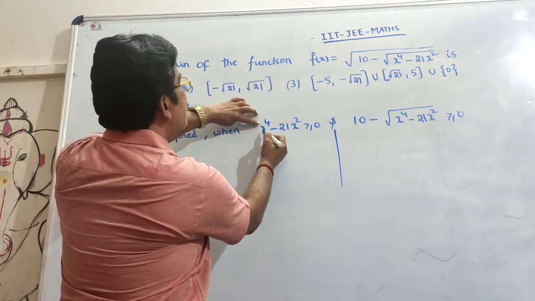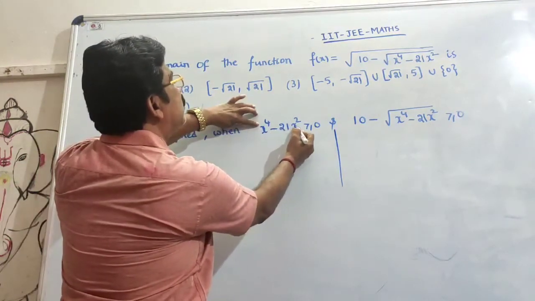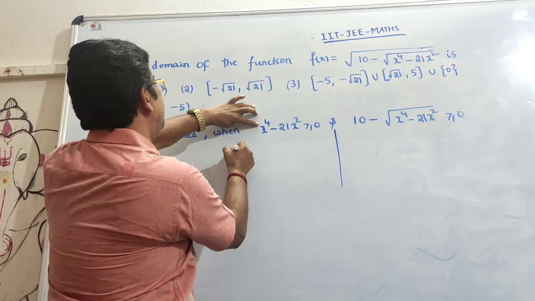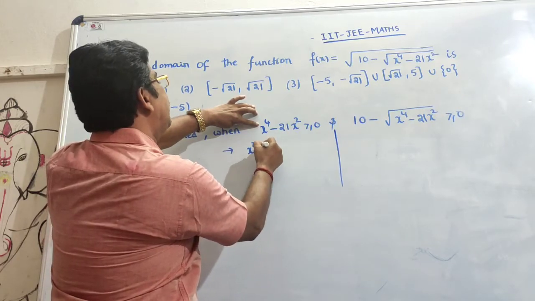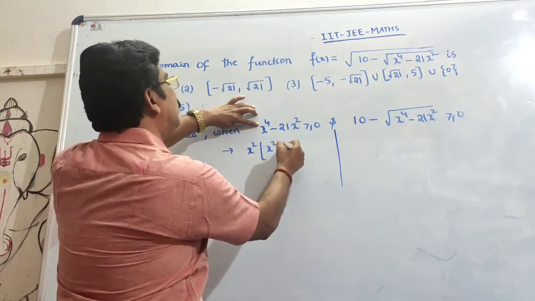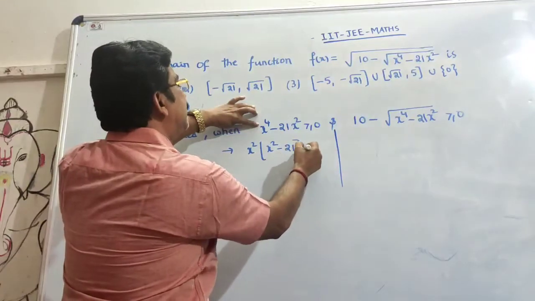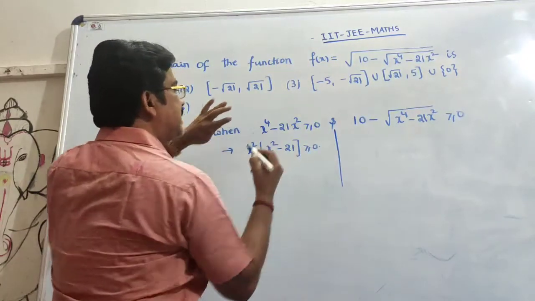Here x⁴ − 21x² ≥ 0 means x² should be common, so x²(x² − 21) ≥ 0.